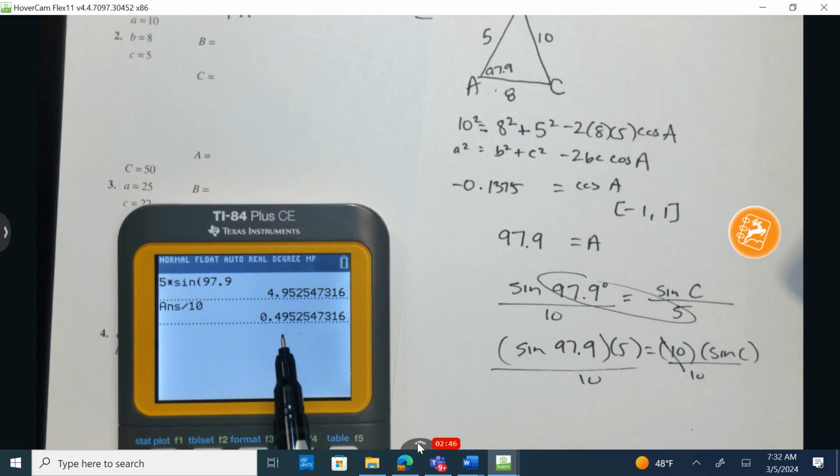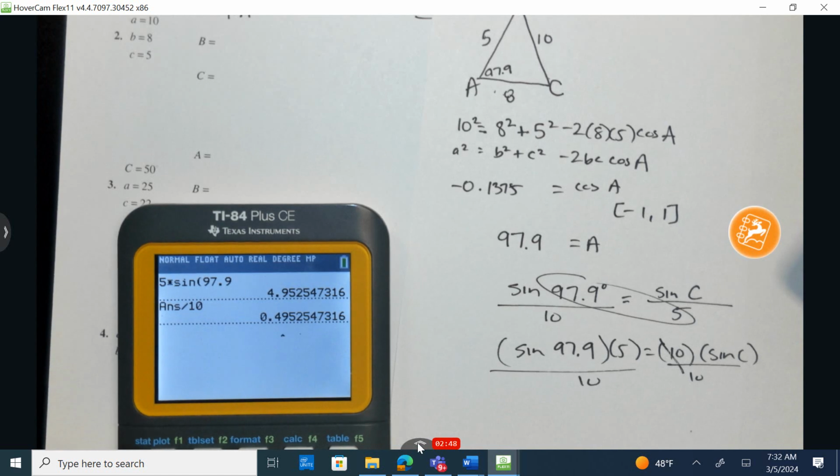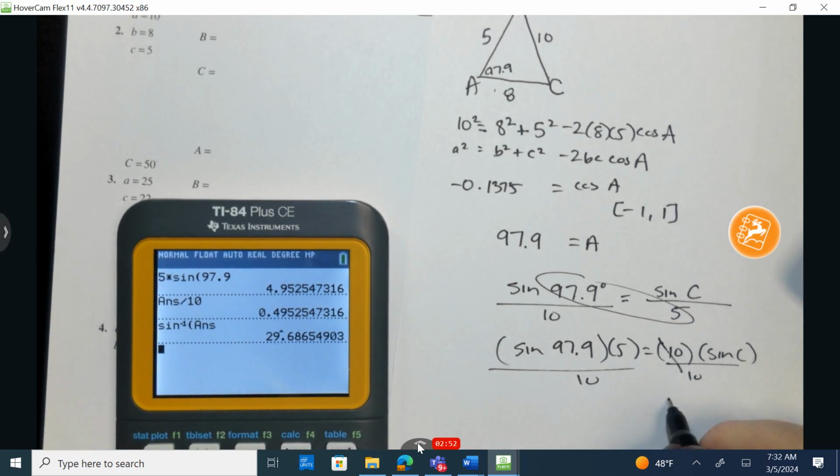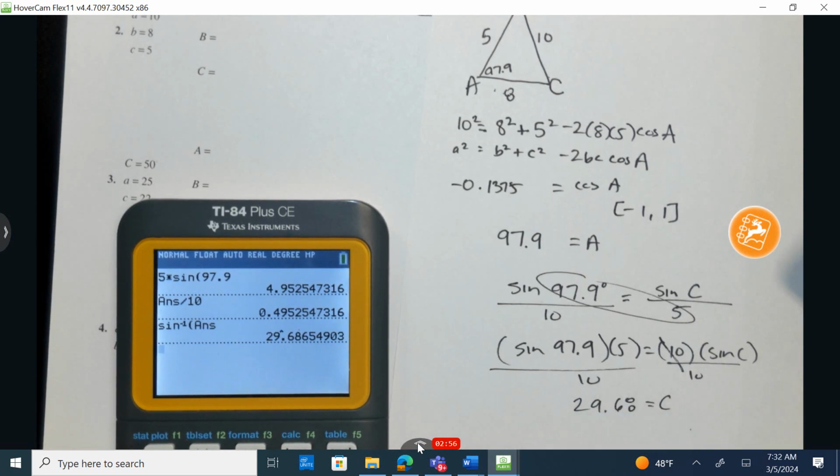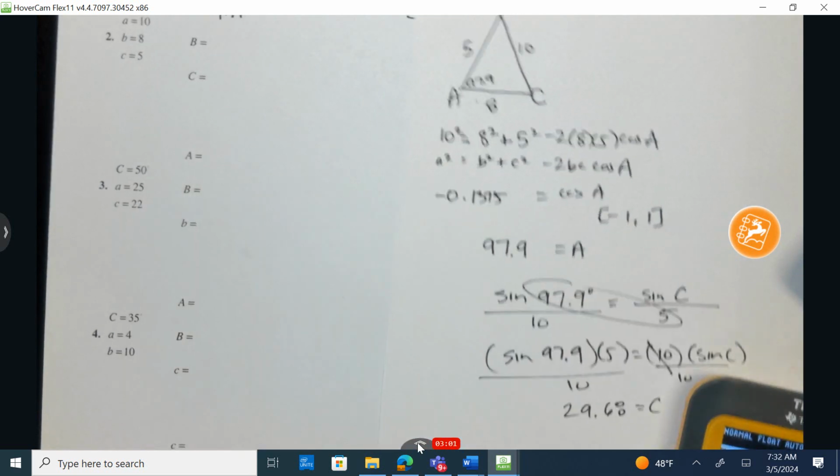Now this is between negative 1 to 1 in the range, and I'm going to do inverse sine to get that angle. And so I have c is equal to 29.68, so 29.7 we could round it to. C is going to be 29.7.